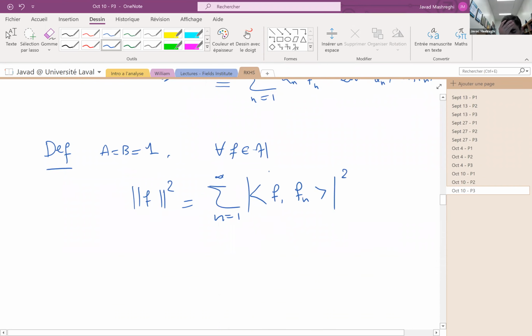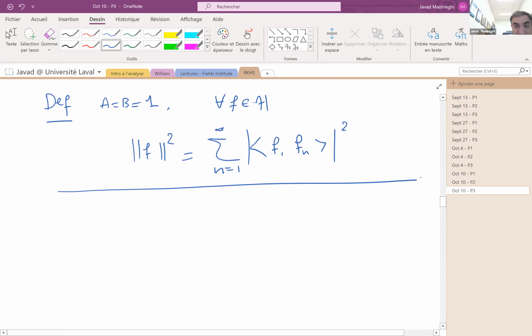In the remaining time, a few minutes remaining, I give one example to assure you that it is possible to have the representation, and indeed many representations. So, example.